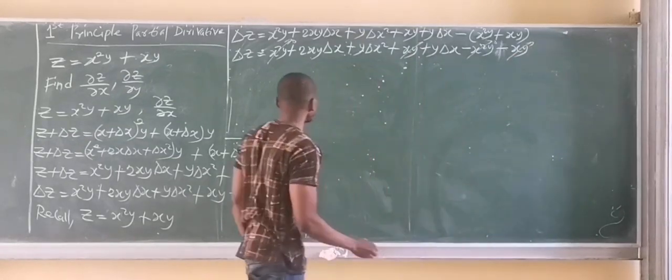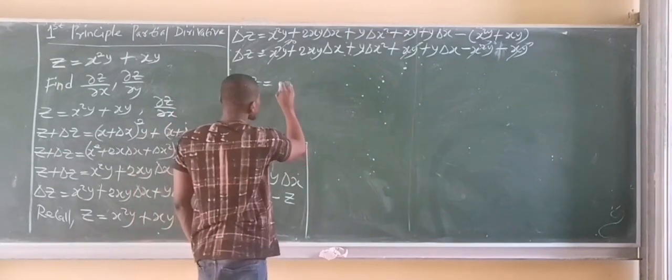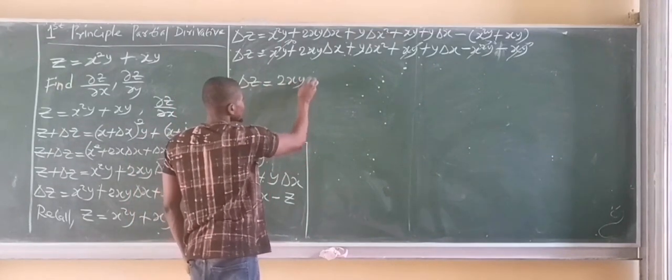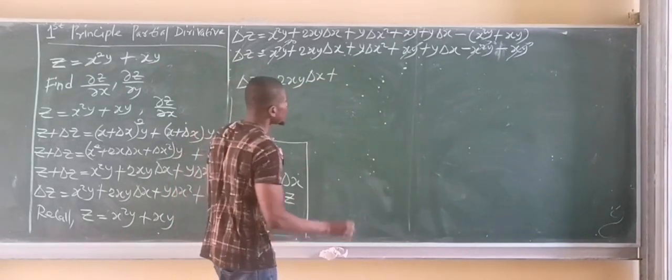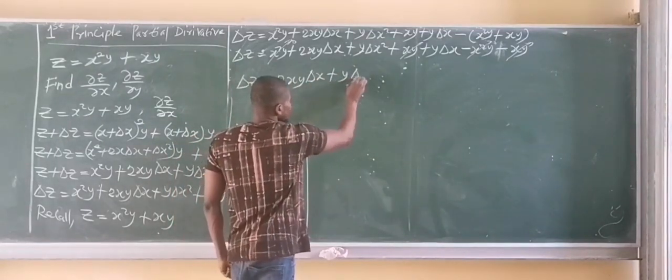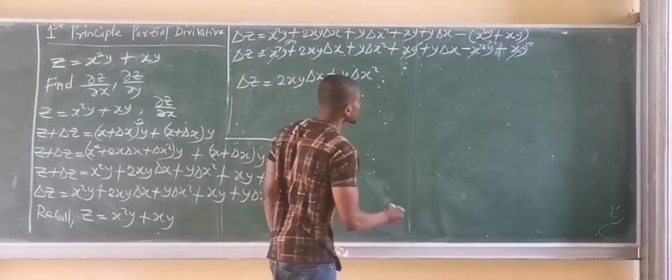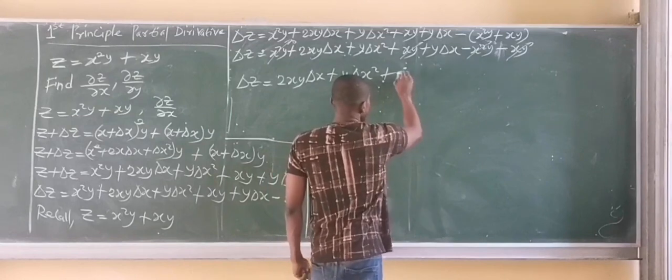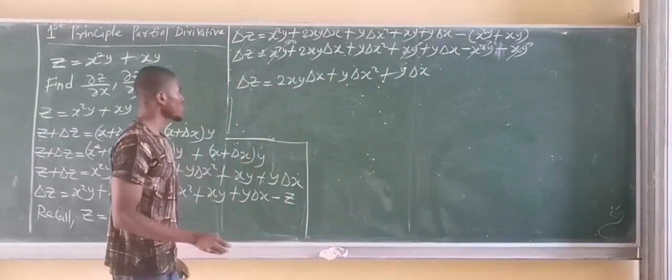So what we have left is change in z equal to 2xy change in x plus y change in x squared. Okay, that's all. Plus y change in x. Okay, we still have plus y change in x. So that's all we have.